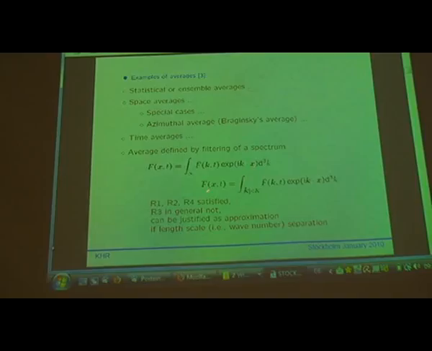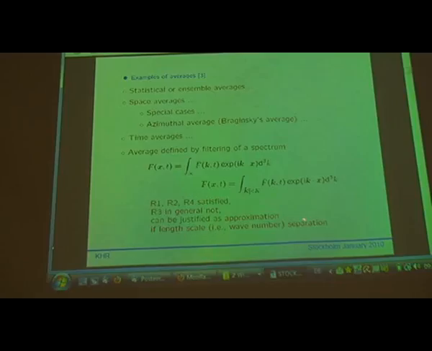You can do it also with the time. Then you can say my average is this integral, but only over the small k, that means over the large scales. In this case, three of these rules are satisfied, but R3 is not satisfied.